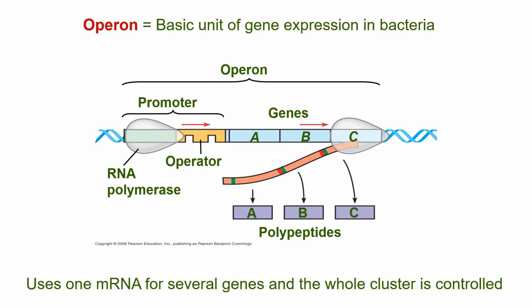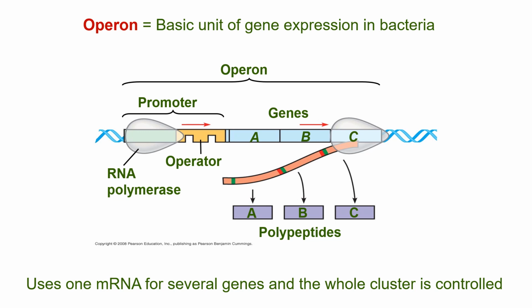And the promoter is essentially an on-off switch. If it's turned on, RNA polymerase is able to bind, and it's going to move along those genes. So in this case, we have 3 genes. And it's going to spit out a messenger RNA that has the complementary sequence for all of those genes.